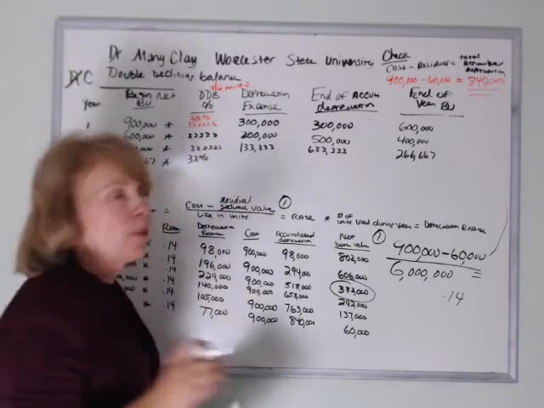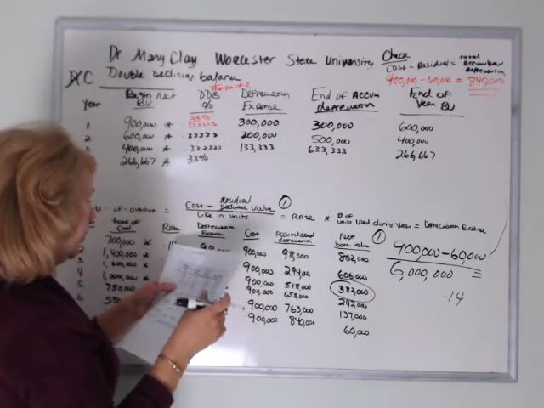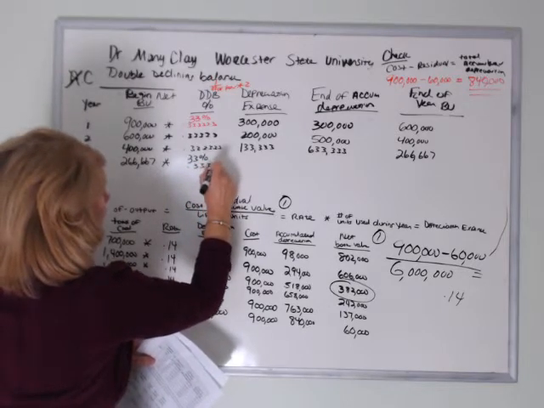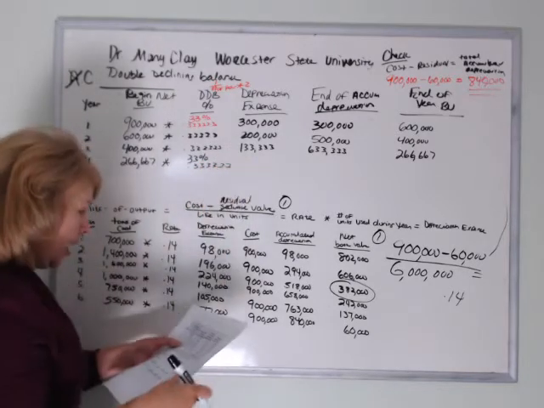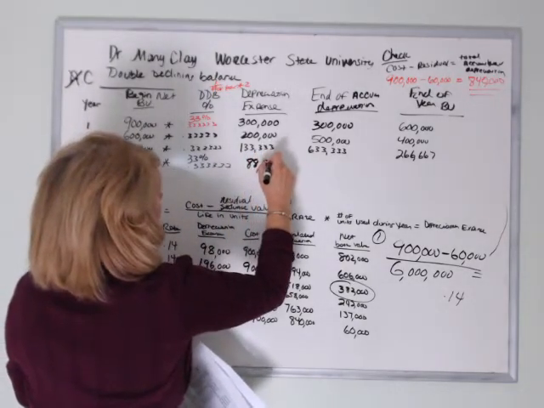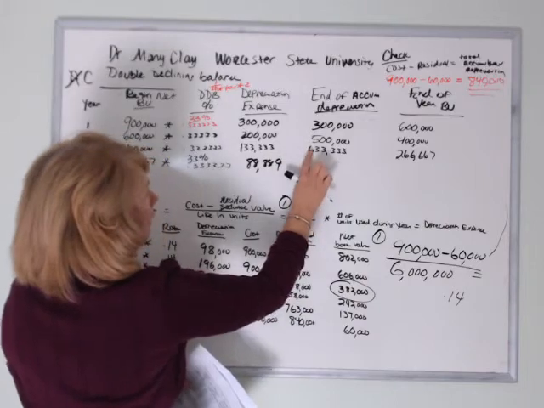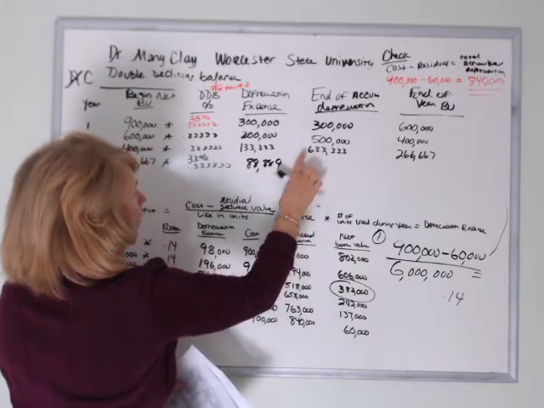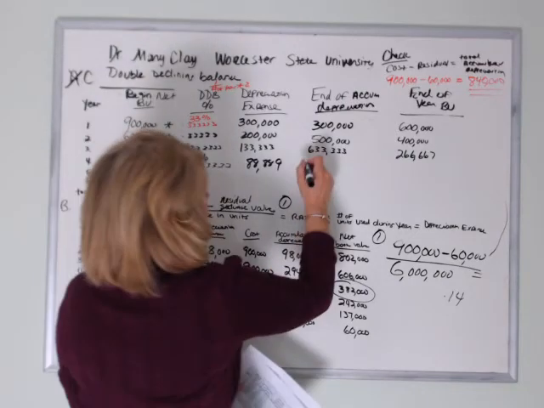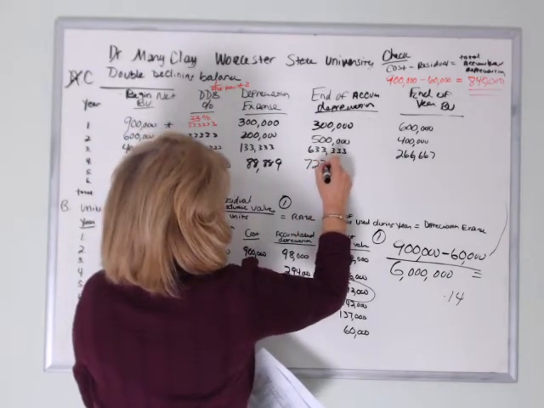Again, the software did not round the number, so it's 0.333333, and that gives you 88,889.